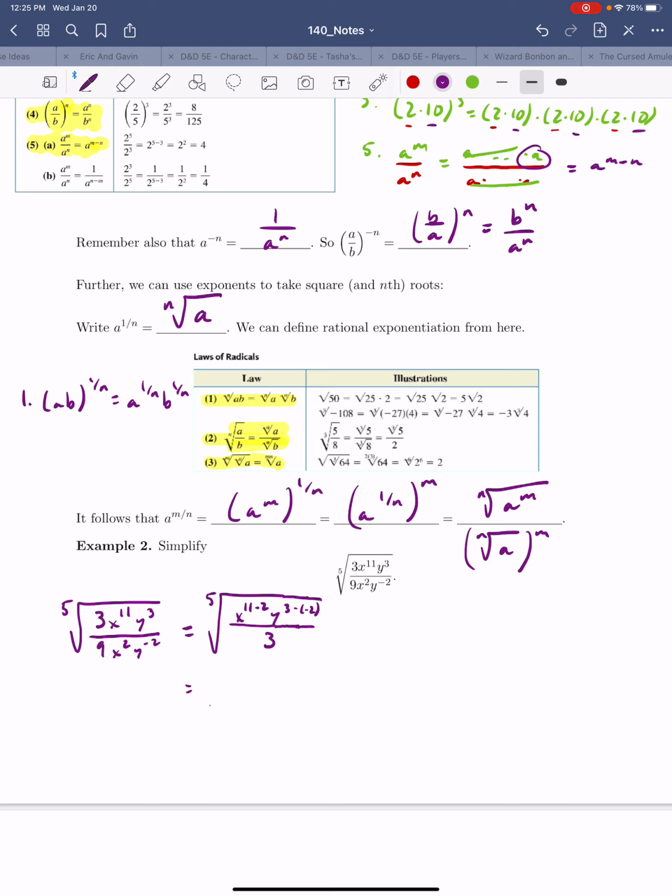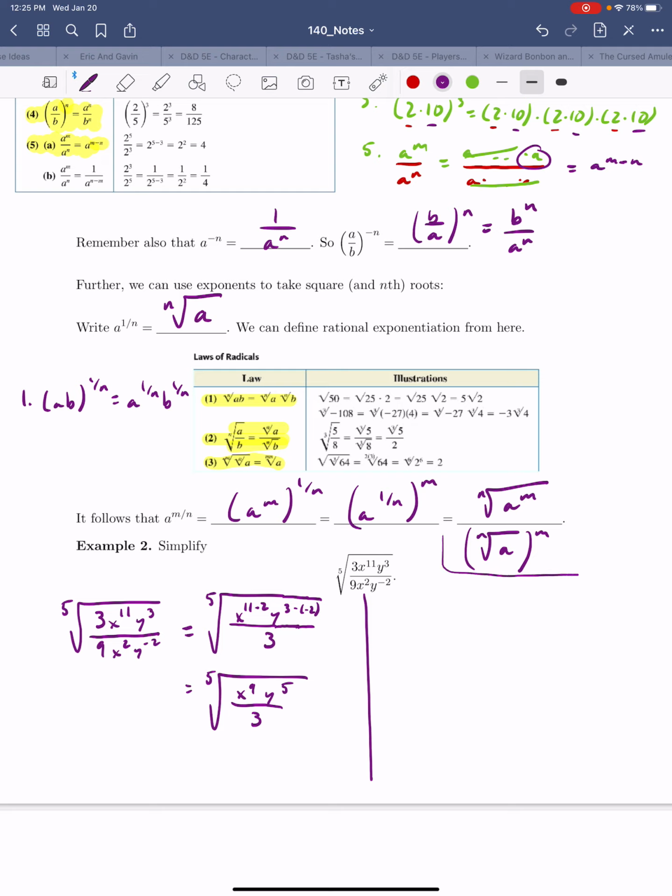Okay, so that's great. We're going to reduce this, and we're going to get the 5th root of x to the 9th, y to the 5th. Remember, minus a negative is adding, and then divided by 3. Remember, 3 over 9 is 1/3, so we're getting that. We've run out of room here, so I'm going to draw a line and continue my work over here.